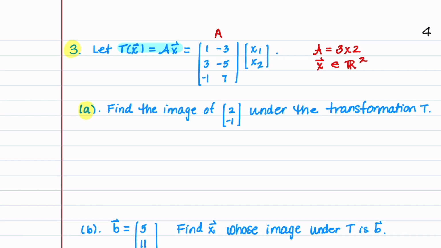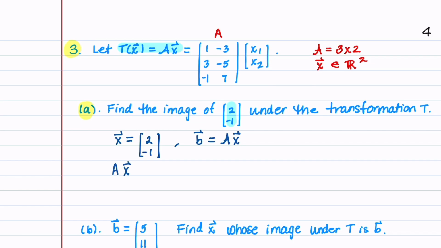In part A, we're asked to find the image of vector (2, -1) under the transformation T. If we want to find the image of vector (2, -1), that means that our vector x has to be set equal to that vector (2, -1). The image that we want to find is our vector b, and it's equal to A times x.